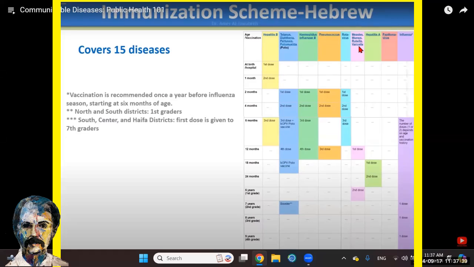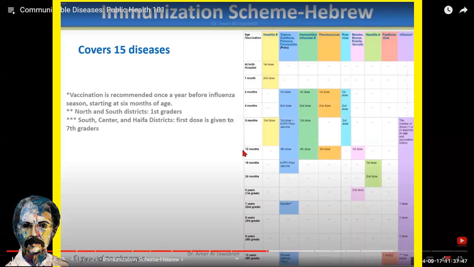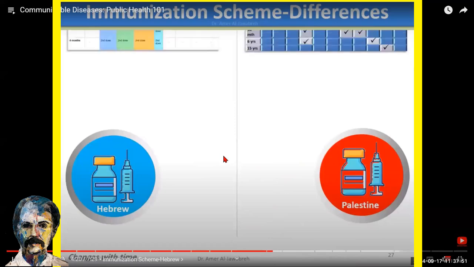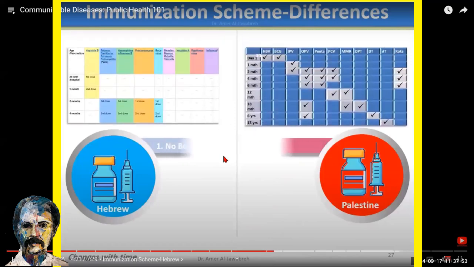Let's now see what the differences are between the Israeli scheme and the Palestinian scheme. Have a look. These are the differences. On my right, you see the Palestinian scheme. On my left, you will see the Israeli scheme, okay?